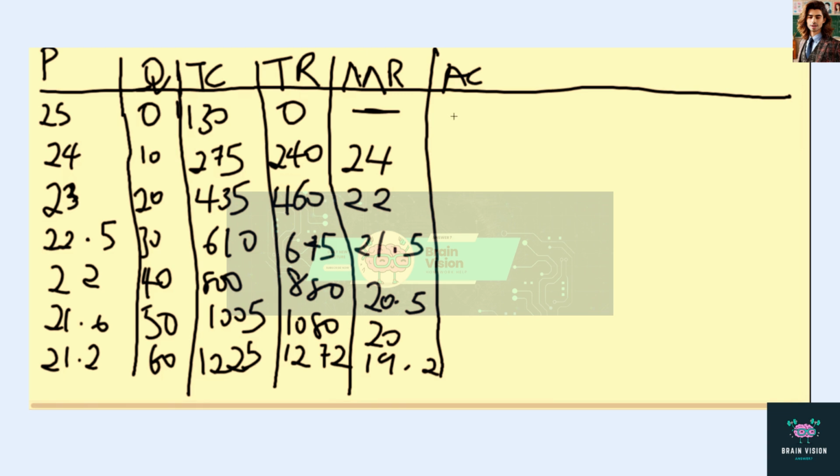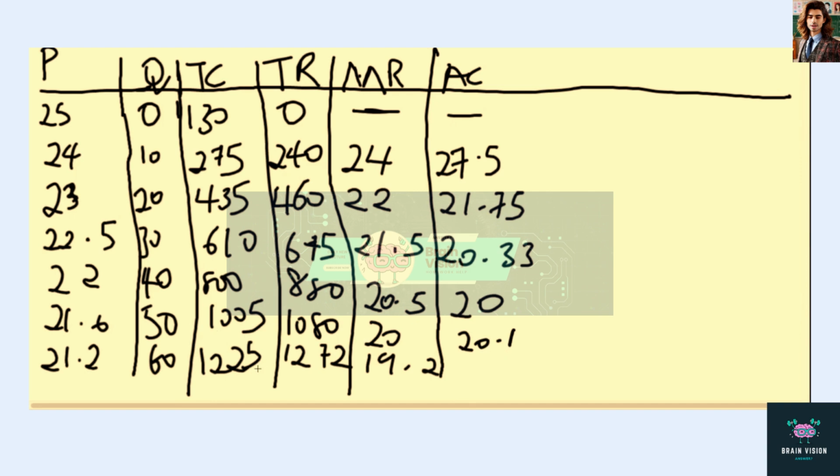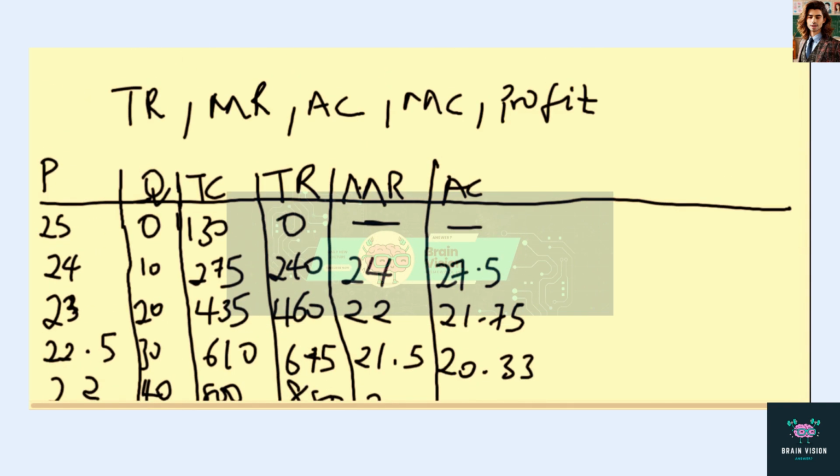Then 275 divided by 10 is 27.5, and 435 divided by 20 is 21.75. The next one is 20.33, then 20, then 20.1, and 1,225 divided by 60 is 20.42.